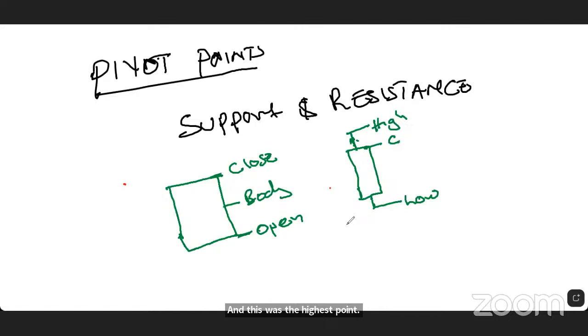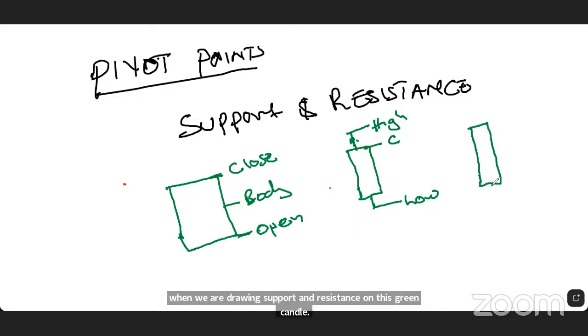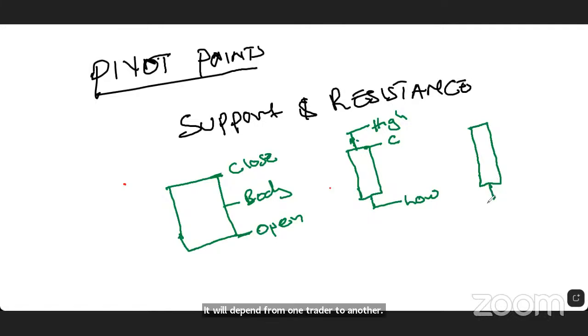Now, when we are drawing support and resistance on this green candle, it will depend from one trader to another. Someone may draw their line at this lowest point, which is the low. Another one may draw a line at this highest point, which is the high. So this is called a wick or a shadow.